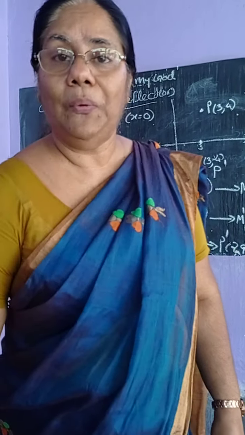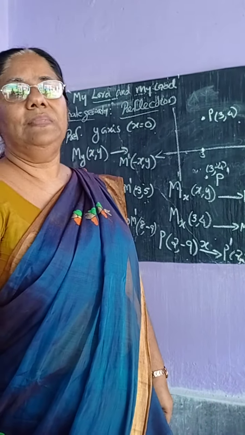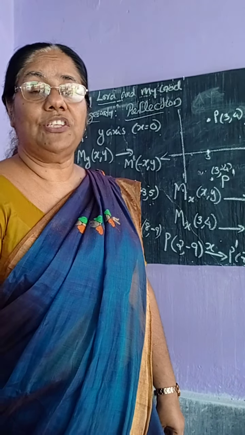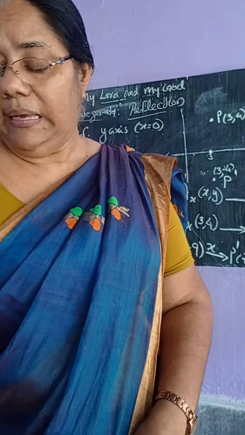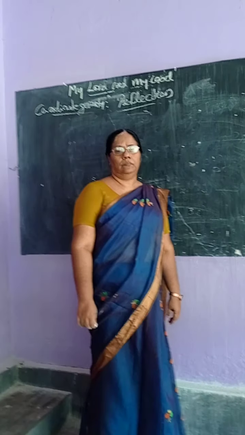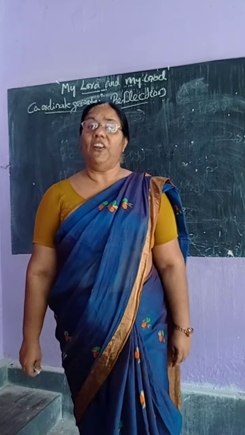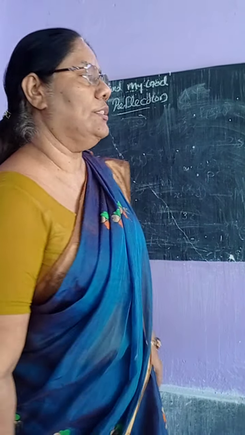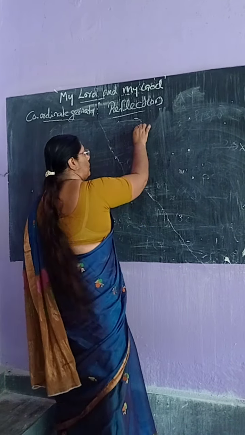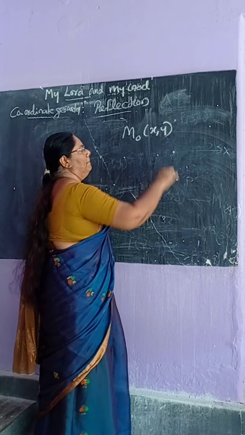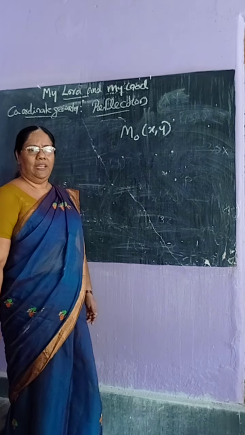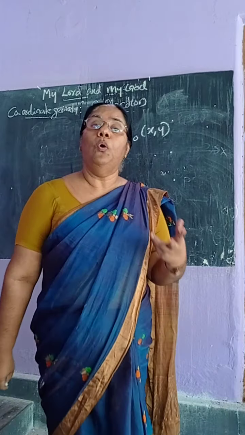Yes. One more. Third one is reflection through the origin. Write, reflection through the origin. Write Mo (x, y). That means both the coordinates change their sign.